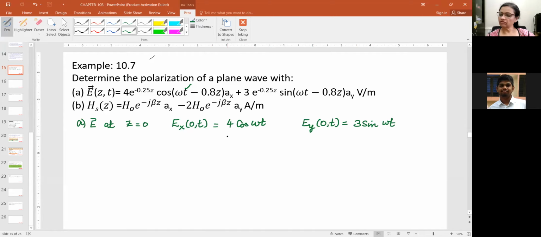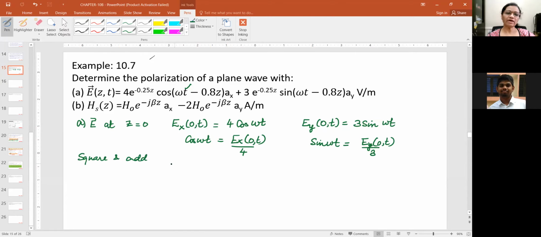Now let us write what cos of omega t is. According to this equation, cos of omega t will become the E x component at z equal to 0 and time t divided by 4. Similarly, sine omega t will become equal to E y at z equal to 0 and time t divided by 3. Next, let us square and add.